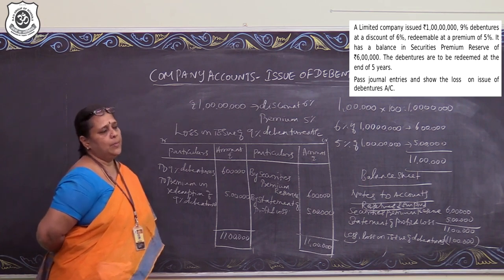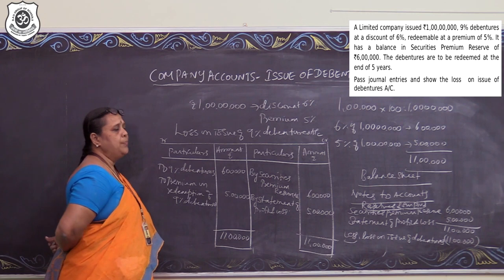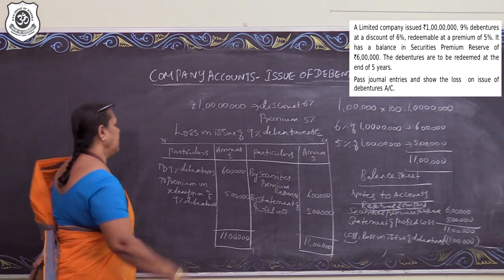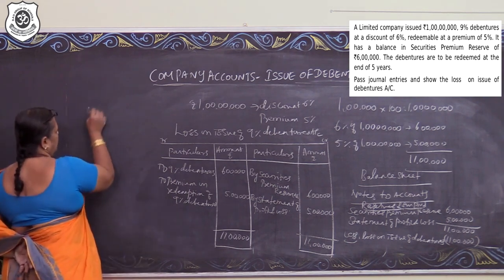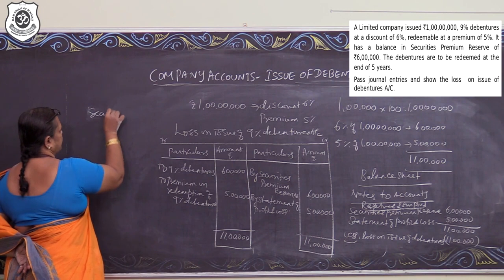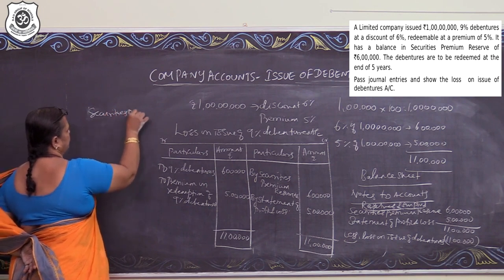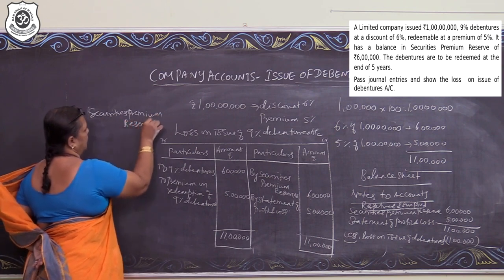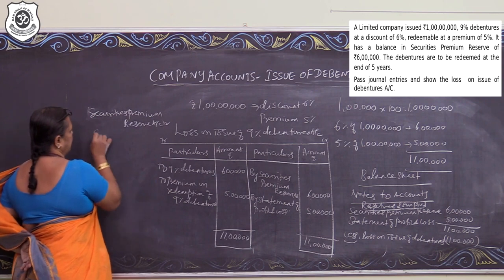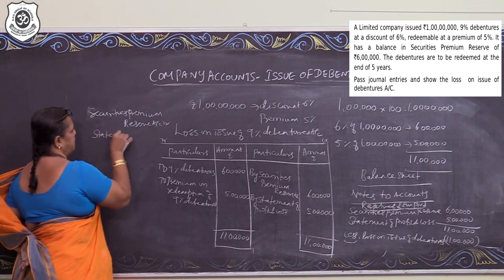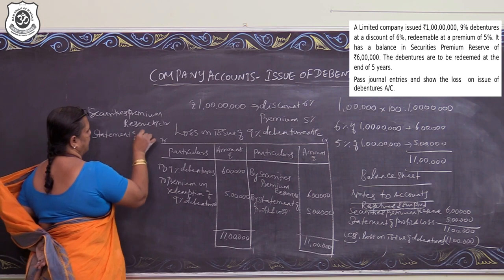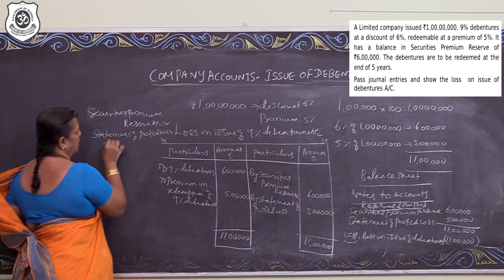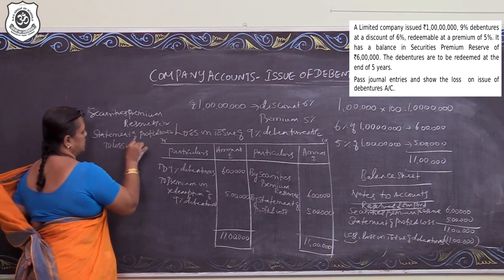The journal entries will be the same as what you have done earlier. So the journal entry for writing off the discount on issue of debentures will be: securities premium reserve account debit, statement of profit and loss debit, to loss on issue of debentures account.